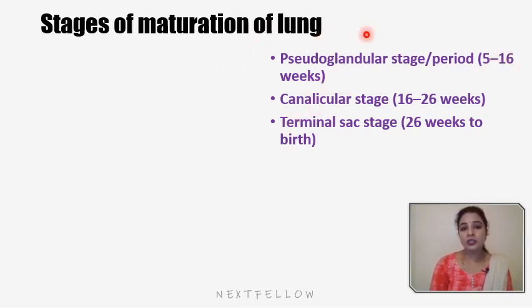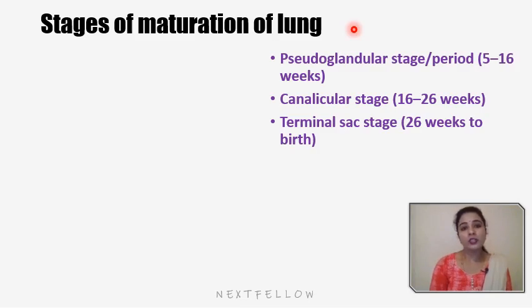Canalicular stage, which is between 16 to 26 weeks, during this period, the lumen of the terminal bronchioles dilate, and therefore a further subdivision of terminal bronchioles into respiratory bronchioles occurs, and the luminal diameter of the conducting system increases, and respiratory bronchioles, alveolar ducts and terminal sacs, even the primitive alveoli are formed.